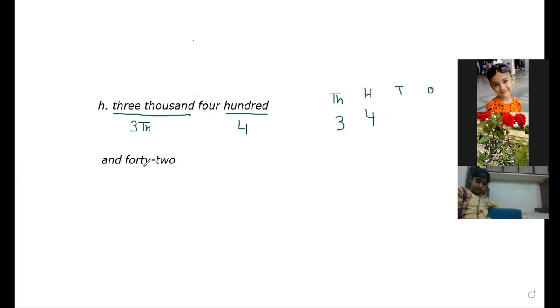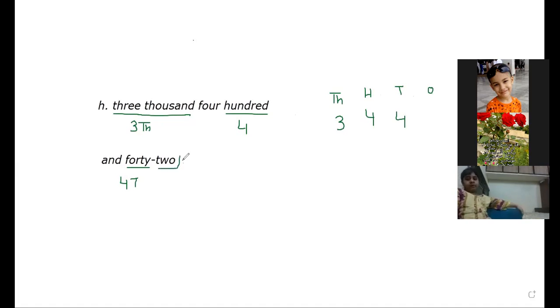Now and 42. 40 means that we have how many tens? We have 4 tens. So I'm going to write 4 under the tens, and now the turn of 2.